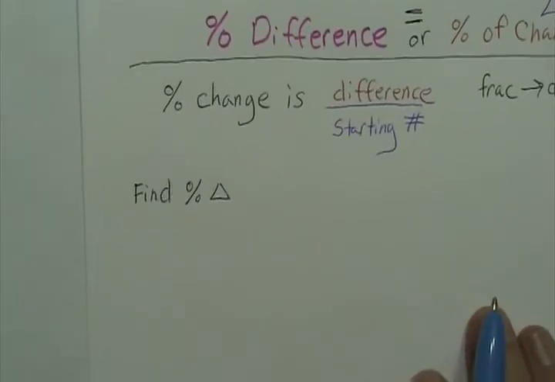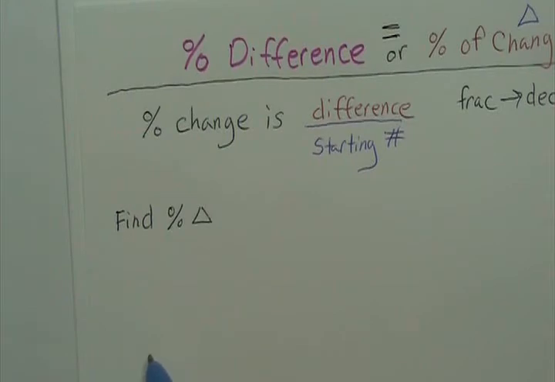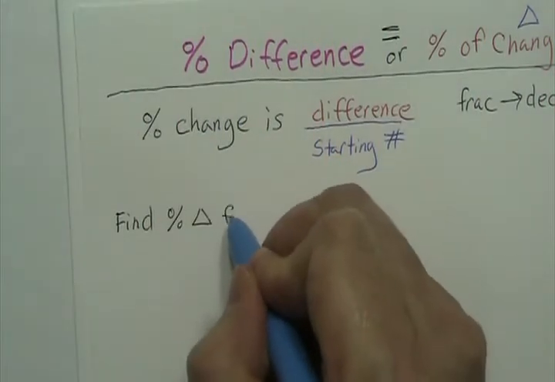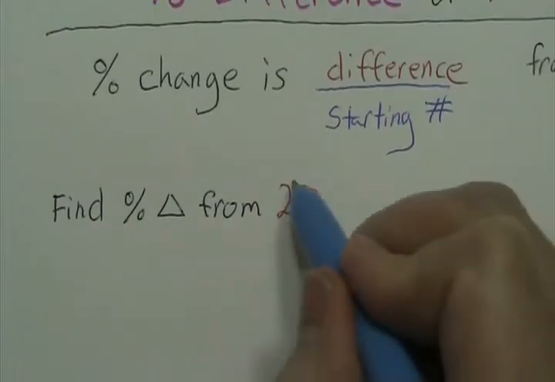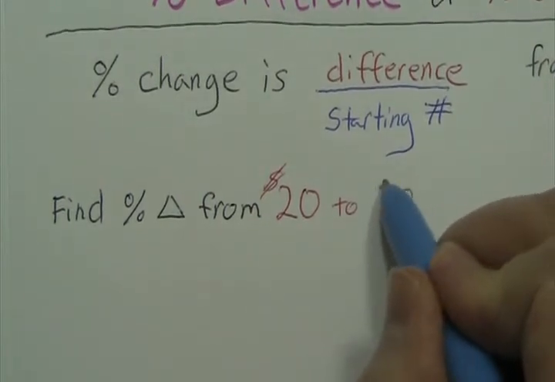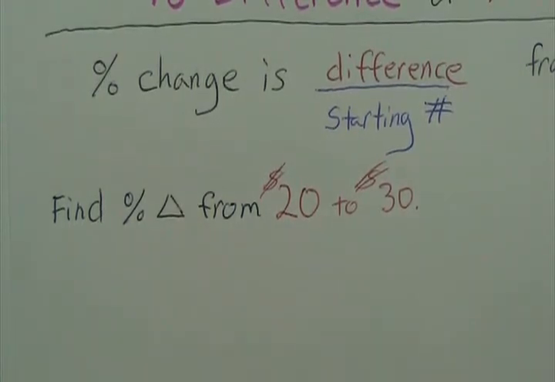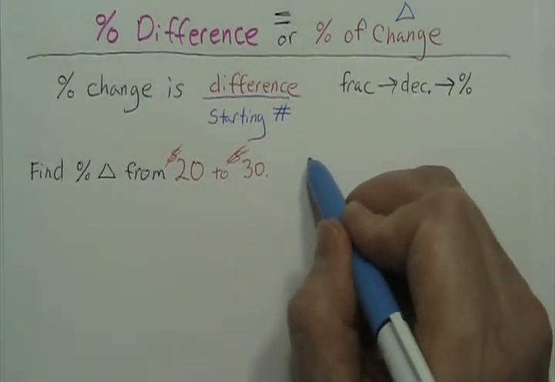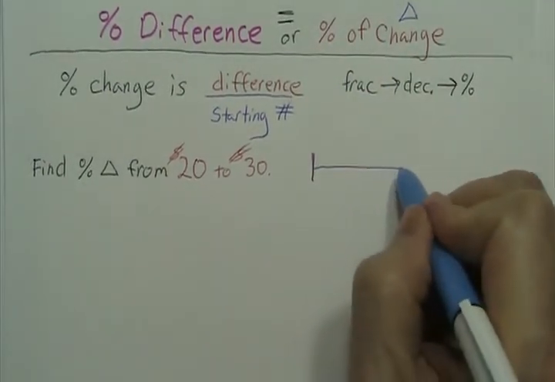Now I'm trying to save a little room here. Okay, find the percent change from $20 to $30. I'm just going to make a quick little model to the side. If you don't want to, that's up to you. So let's say I go this far.